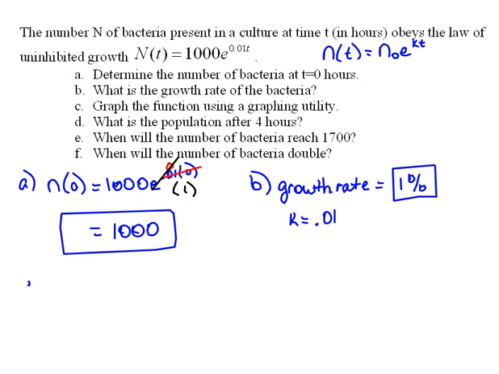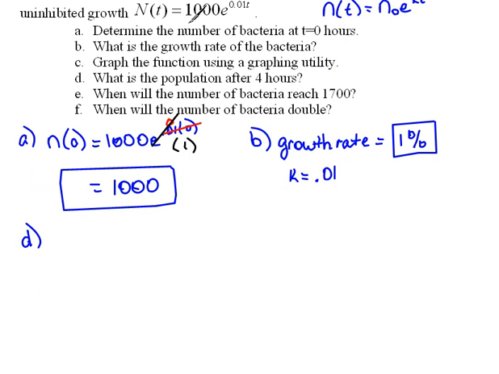Part D says, what will the population be after 4 hours? Well, again, here we are given a time of 4, so that is just an evaluation. We're figuring out how many bacteria there are after 4 hours. We start with 1000, and we have a 0.01 growth rate. You could do this all on your calculator in one fell swoop if you wanted to.